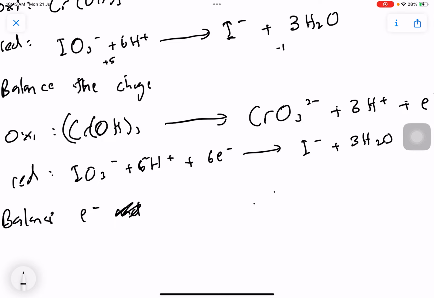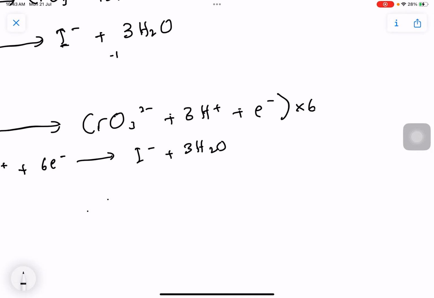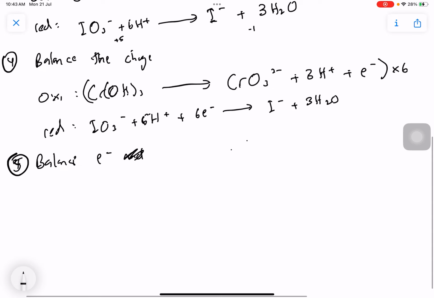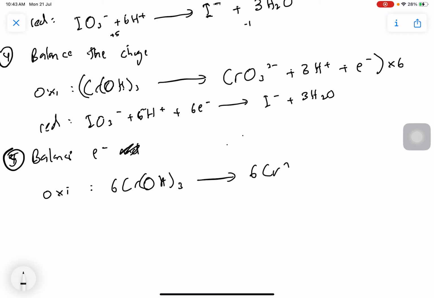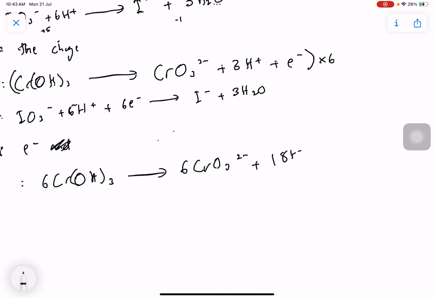So at the oxidation we can times 6, to become 6 electrons also. So oxidation one more time: 6 Cr(OH)3 become 6 CrO3 2- plus 18H+ plus 6 electrons.